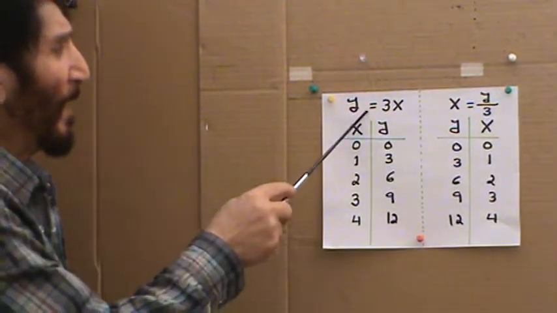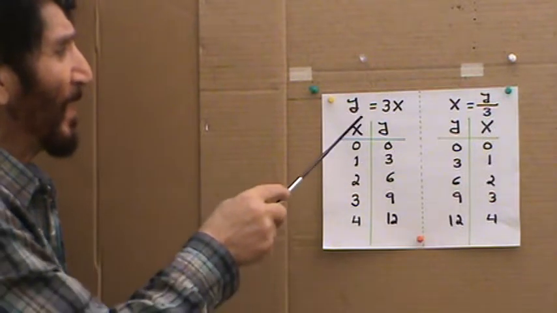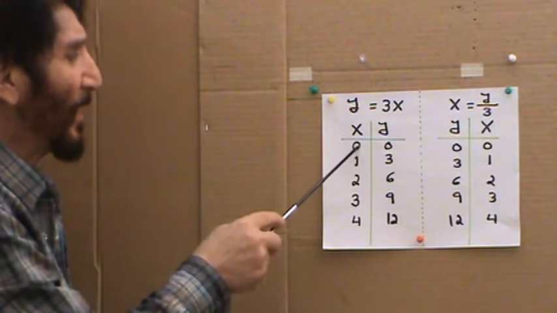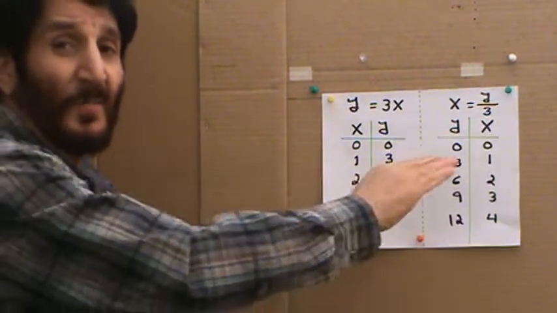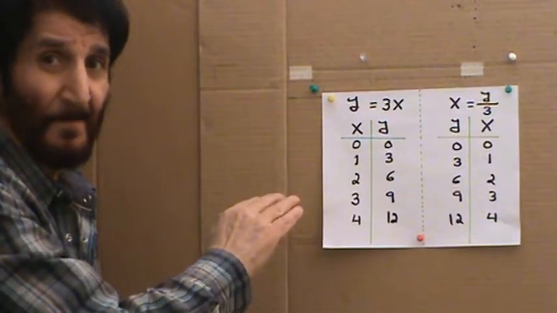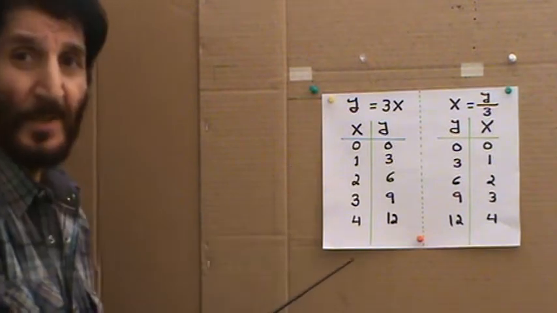Okay, here, the chart that I have made, y equals 3x, I have given the value of x. I have selected my x from where? From the horizontal axis. And this is the chart I have got.